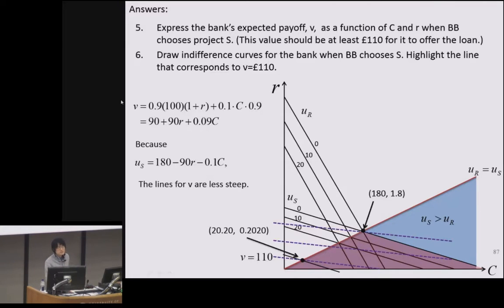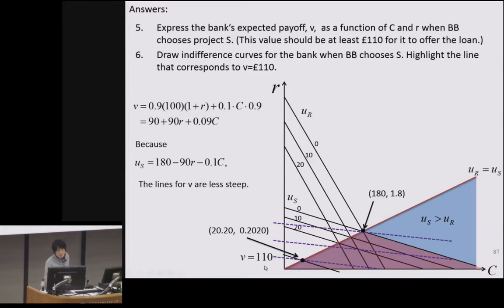So indifference lines for V should look like these dashed purple lines. For the borrower, the utility goes up in the direction of the origin. For the lender, for the bank, utility is higher if you move away from the origin. And this is because for the bank, high interest rate is good, high collateral is good.